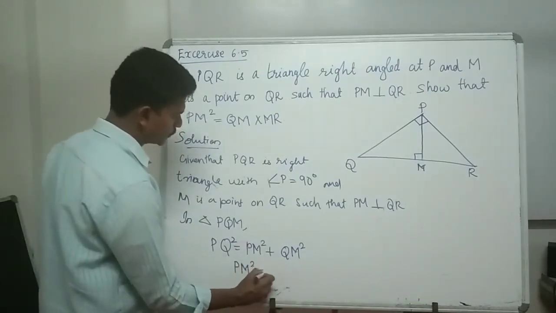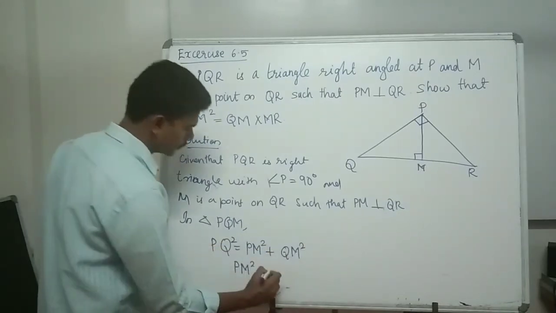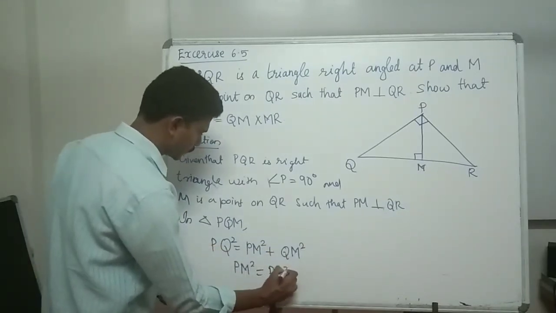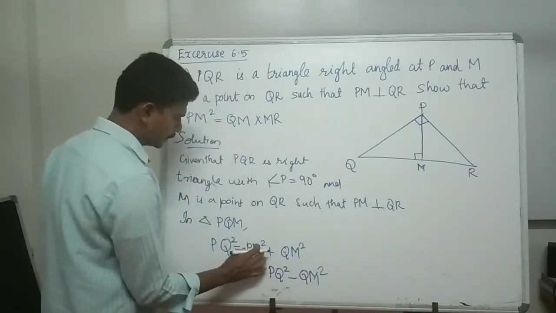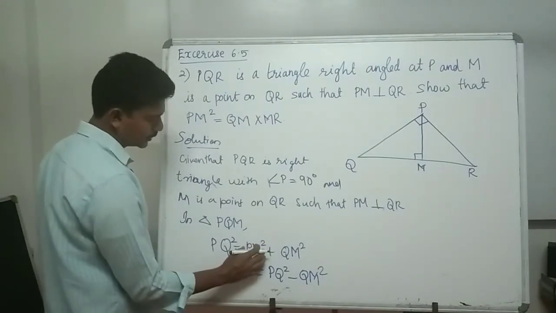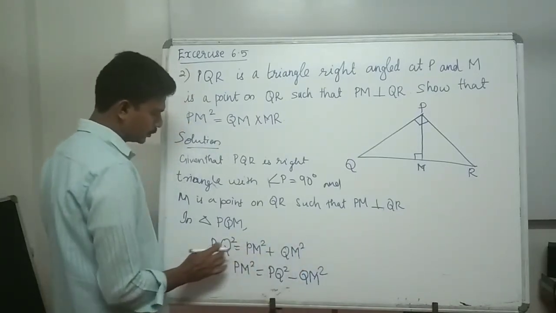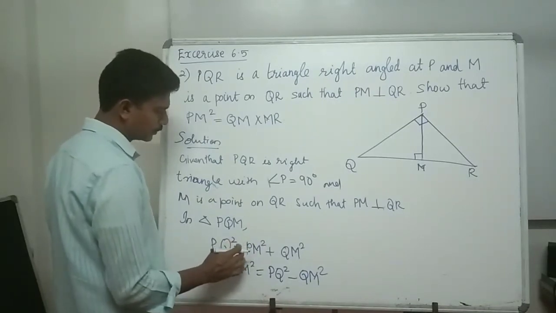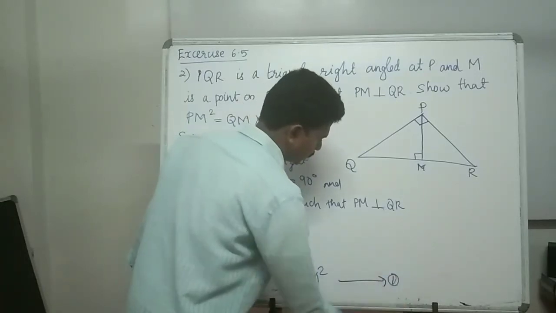PM square is equal to, then we can bring this to the other side. PM we can keep on this side. What is with PM? QM square. If we give it to the other side, what will happen? PQ square minus QM square. It is written here. So this is equation 1. We can take it.